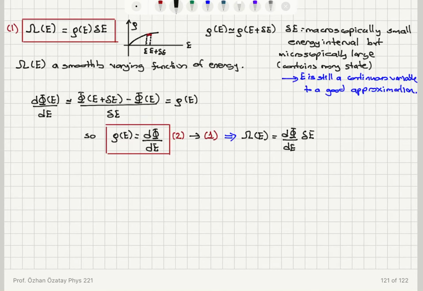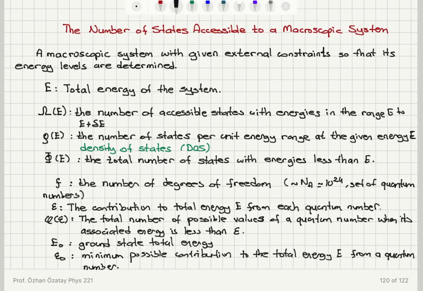Now, the other important point I have to consider here is this lowercase phi, the total number of possible values of a quantum number when its associated energy is less than epsilon. Now, what is the total number of possible values of a quantum number when its associated energy is equal to epsilon 0, the minimum possible contribution?